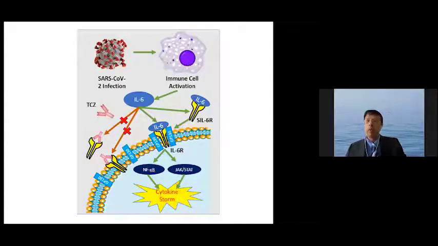Tocilizumab is a monoclonal antibody against the IL-6 receptor, both on the membrane and that is soluble. So when it binds to the IL-6 receptor, the IL-6 cannot bind to it, and therefore the hyperinflammation is reduced. And this has an important place together with dexamethasone in the appropriate clinical categories, and we must meet the clinical categories before considering this drug, and the guidelines should be followed. Thank you very much.